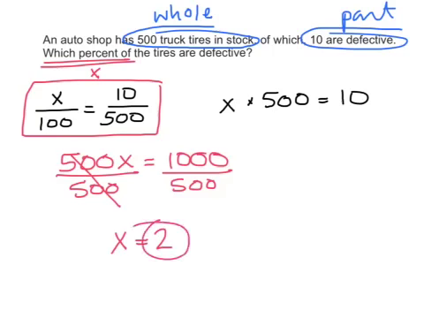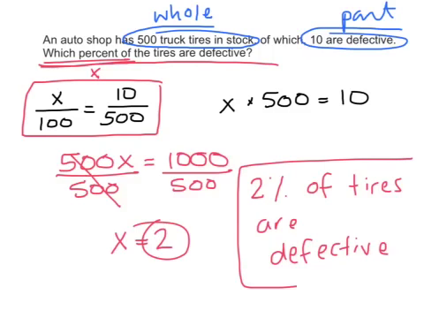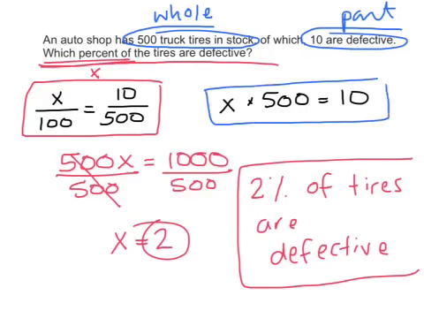This is 2% of tires are defective. Because that is what our question was asking us. What percent of tires are defective? That is my final answer. Our equation over here would have gotten you the same thing.